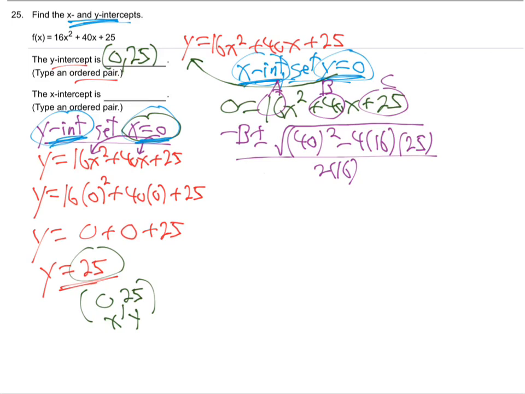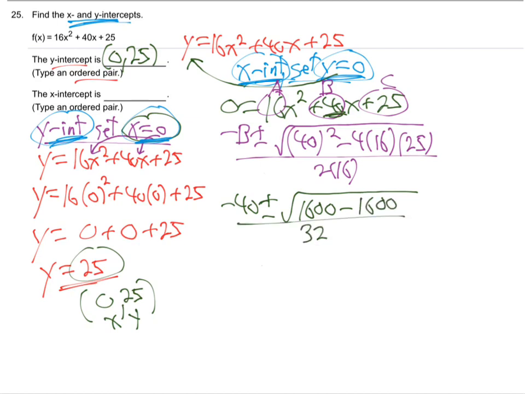So what do we get there? Negative b is minus 40. Whoops, getting sloppy here. Plus or minus the square root of 40 squared, 1600, minus 1600, all over 32. Notice that's all 0, huh? So we just get minus 40 over 32.